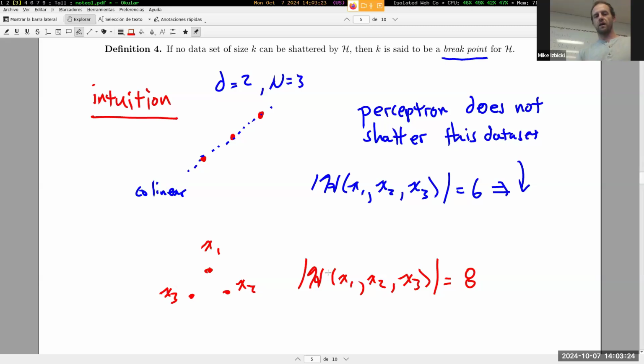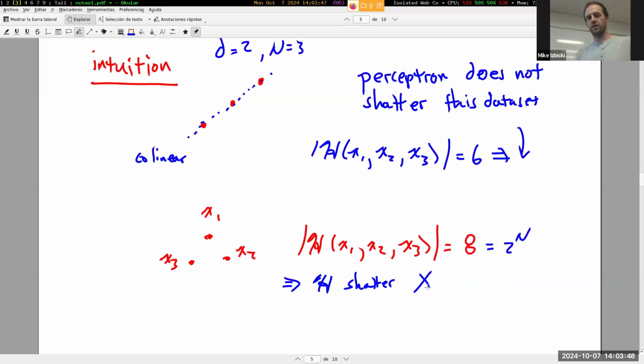So this hypothesis class does shatter this data set. Our size 8 here is equal to 2 to the N. So that implies H does shatter X, or equivalently, the perceptron shatters X, H here being the perceptron hypothesis class.